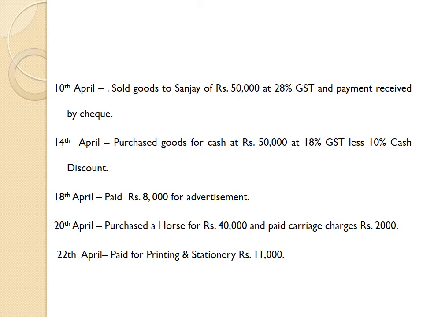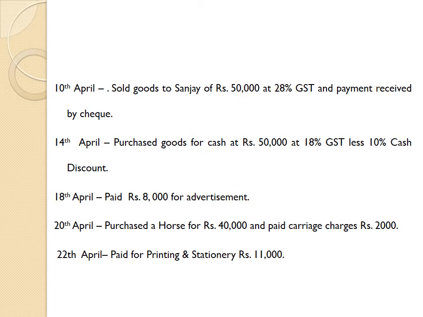On 14th April, purchased goods for cash at rupees 50,000 at 18% GST less 10% cash discount. So purchased goods of rupees 50,000, 18% GST on it, but we received a 10% cash discount here.